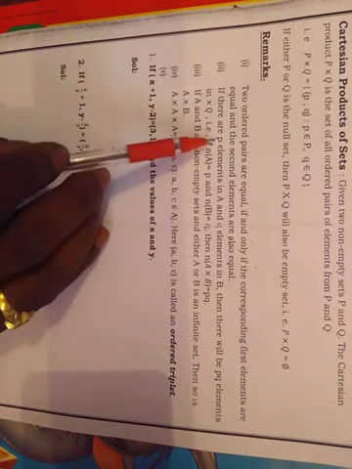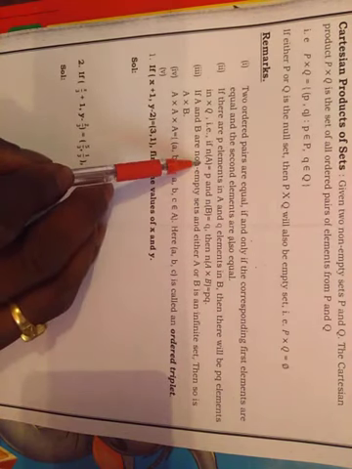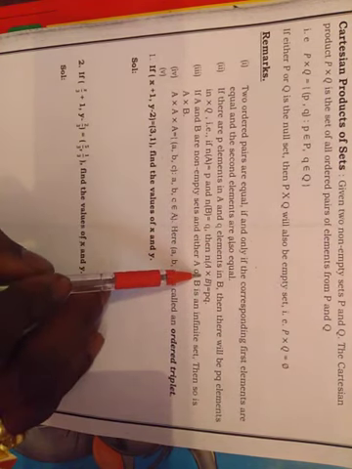And the second note: if set A has p elements and set B has q elements, then the total number of elements in A cross B, n(A cross B), is pq. For example, if set A has 3 elements and set B has 4 elements, the total number of elements in A cross B is 3 cross 4, that is 12 elements.